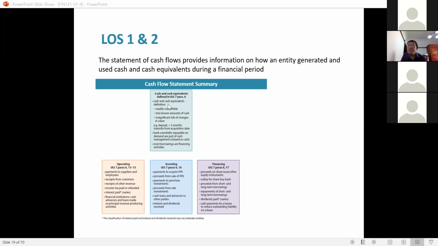Now, when accountants prepare the cash flow statement, they will look at changes in cash flow that occur across three major areas. So they include operating cash flows. Think of operating cash flows as coming from the day-to-day operations of the company.